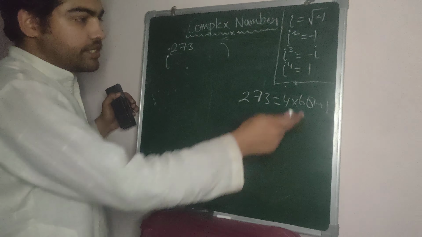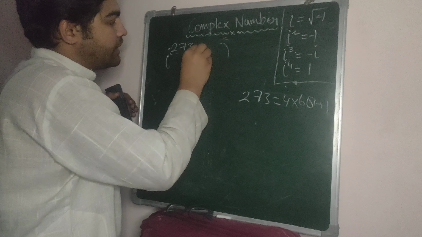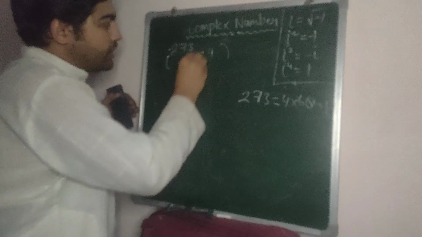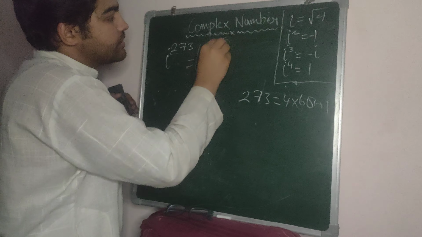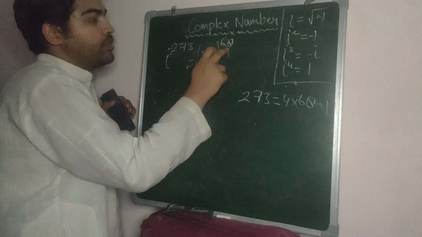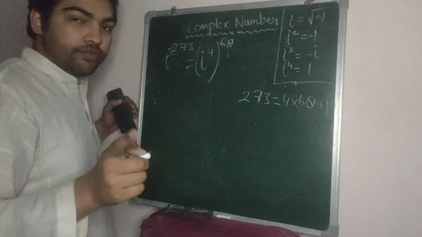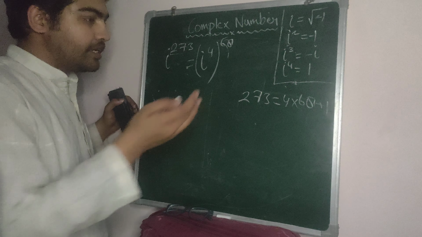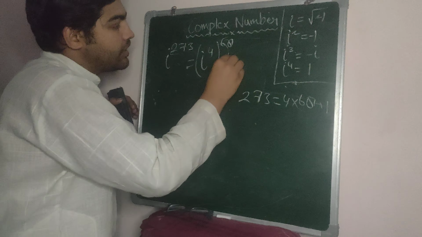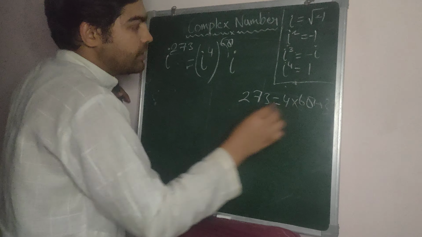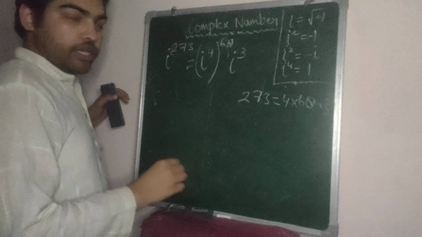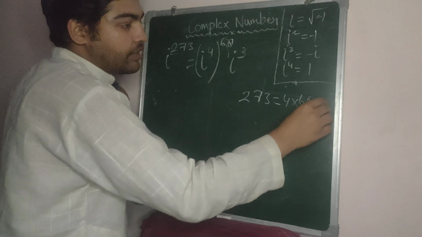So i to the power 273 should be written as i to the power 4 to the whole power 68, because when you multiply 4 into 68, it becomes 272, and plus 1. So where do we get that 1 as well? This is i to the power 1, or i. If the remainder is 3, then it will be i cube, and if the remainder is 2, then it will become i square.